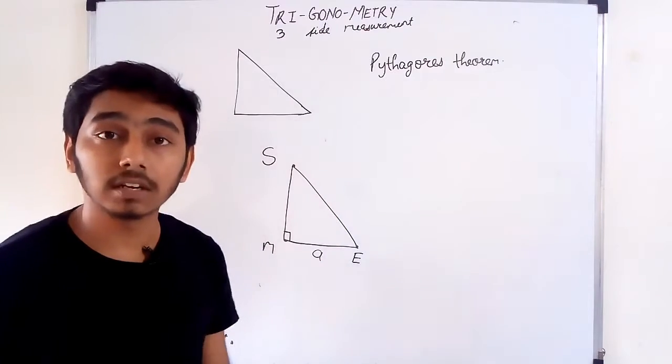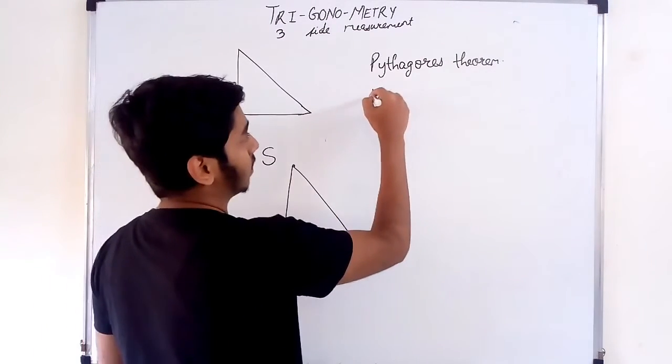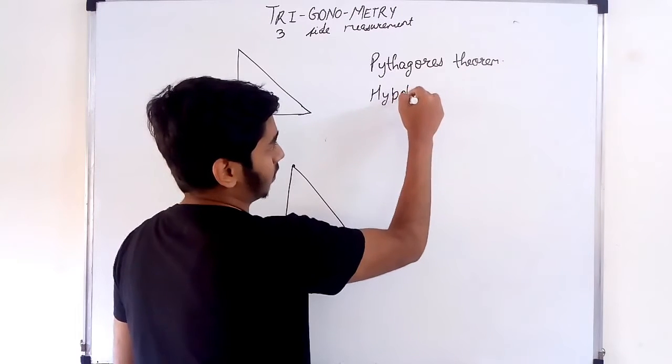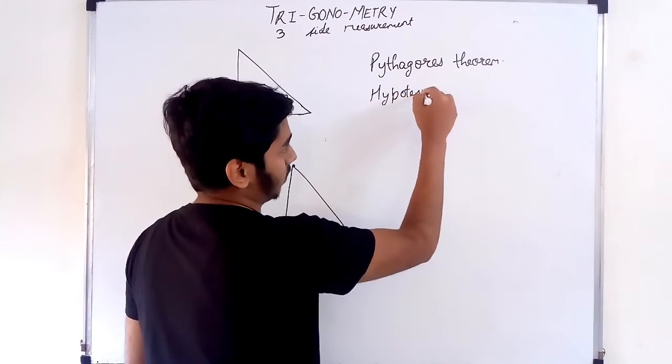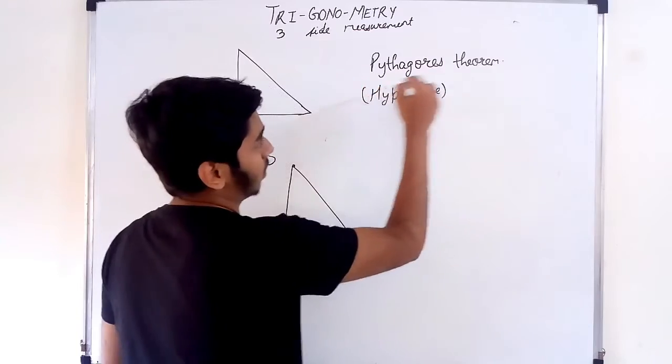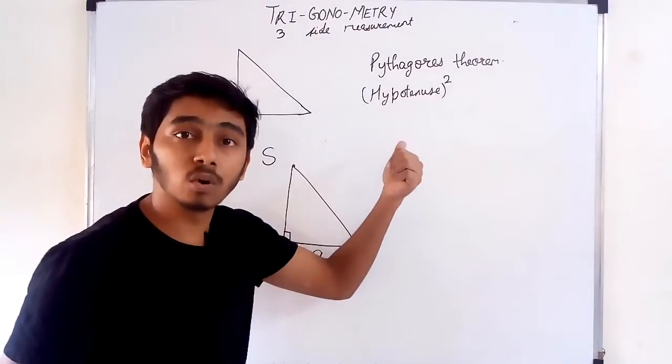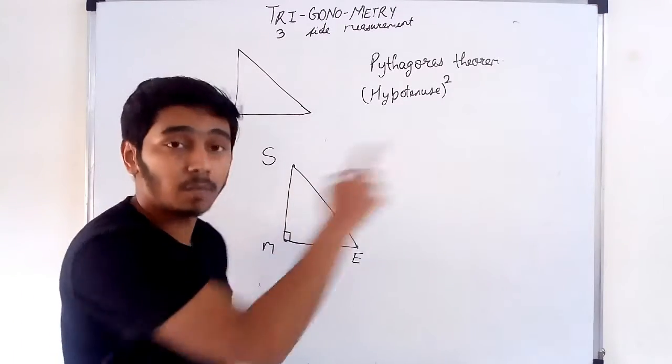Okay. So Pythagoras theorem says that hypotenuse square, you might have learned this in your lower standards also, so we are just revising that.